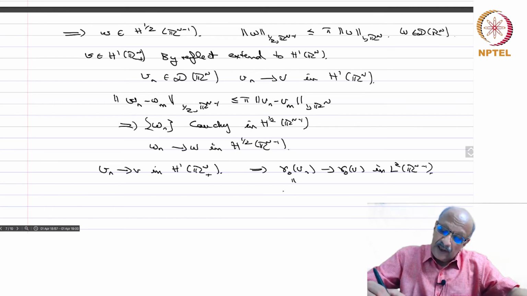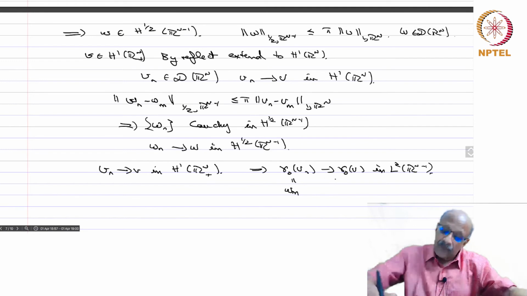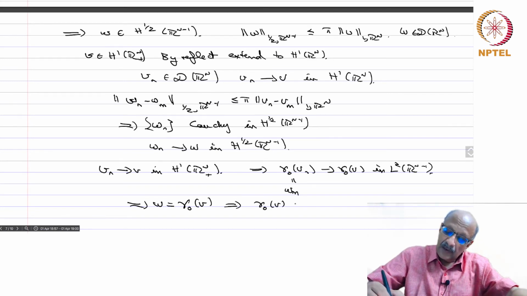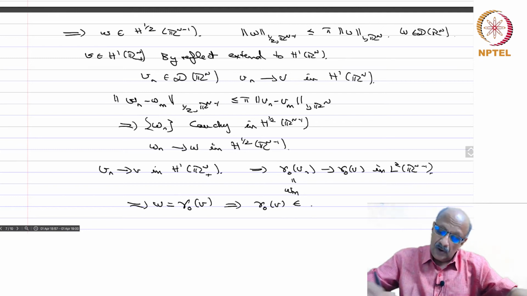But gamma naught Vn is nothing but Wn, and that goes to some W, and therefore this implies that W equals gamma naught V, and this implies that gamma naught V belongs to H half Rn minus 1.